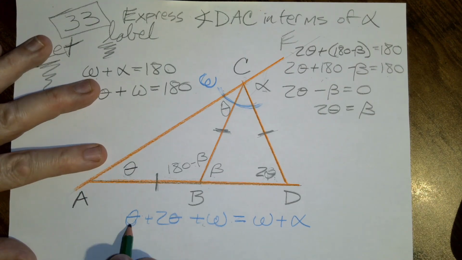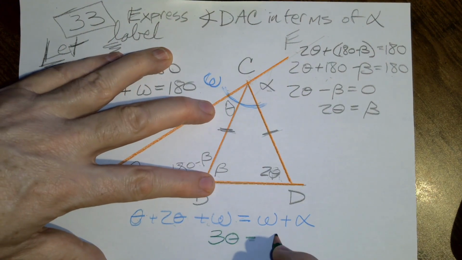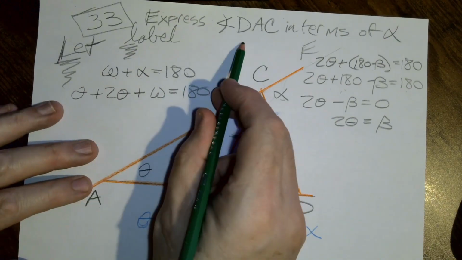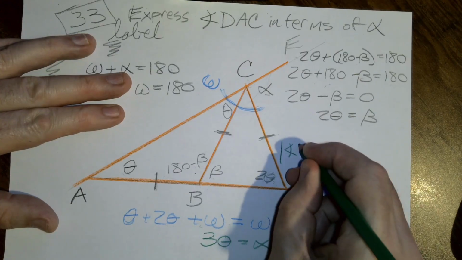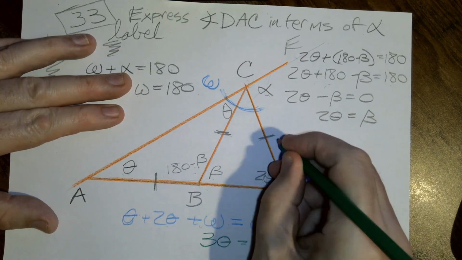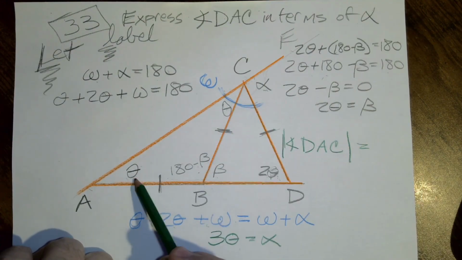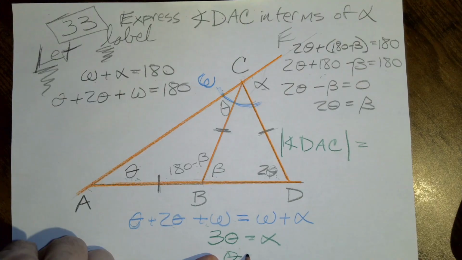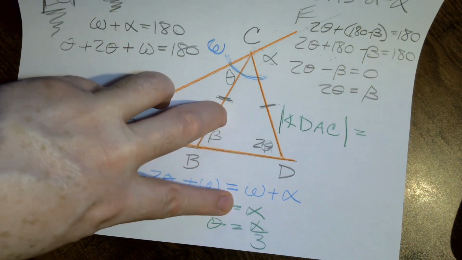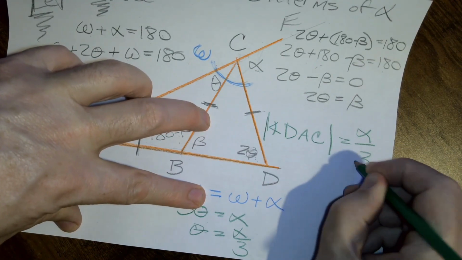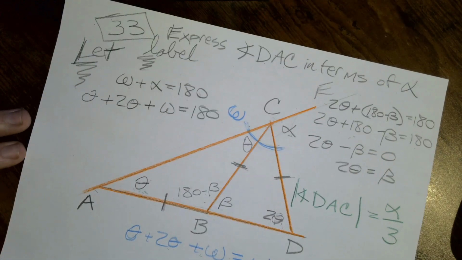We have theta plus 2 theta, that's 3 theta equals alpha. So the measurement of angle DAC, we're calling that measurement theta. We can see that theta is equal to alpha over 3. Like so. That is number 33.